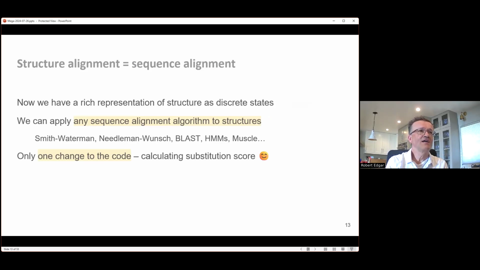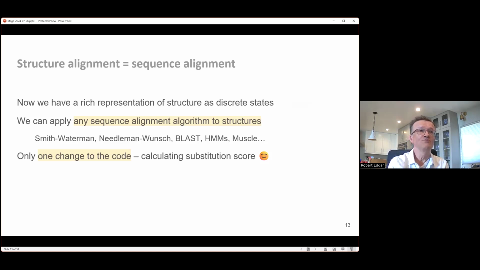And just any sequence algorithm you can think of, pretty much, we can now apply to structure. So it could be Smith-Waterman, Needleman-Wunsch, BLAST, HMMs, MUSCLE. It's really, conceptually, a very simple change. We just plug in the structure alphabets where we calculate the substitution score, and you're pretty much done.